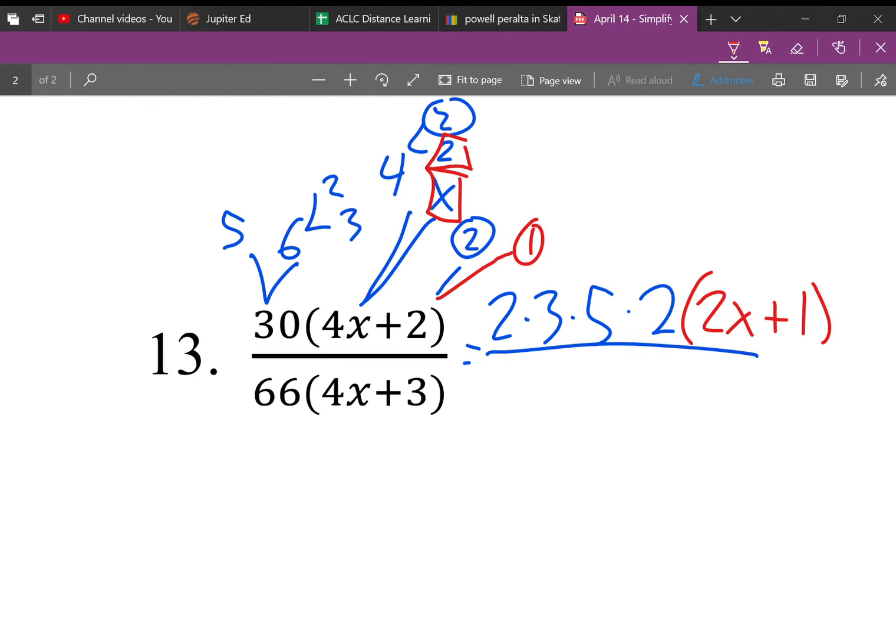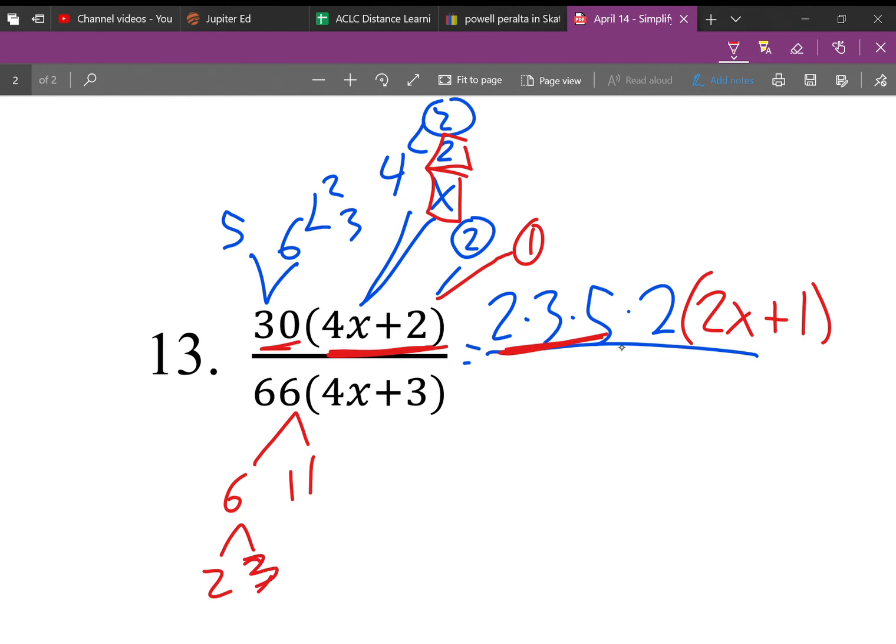So that was a little tricky, and so just to recap again, the 2 times 3 times 5, that comes from the 30, and then this part, the 2 times 2x plus 1, that's this factored. Now on to the bottom. 66 is 6 times 11, I think we all know that, and then 6 is 2 times 3.